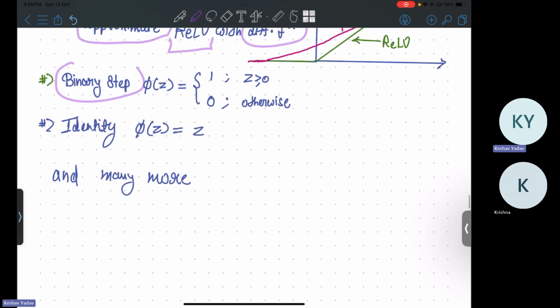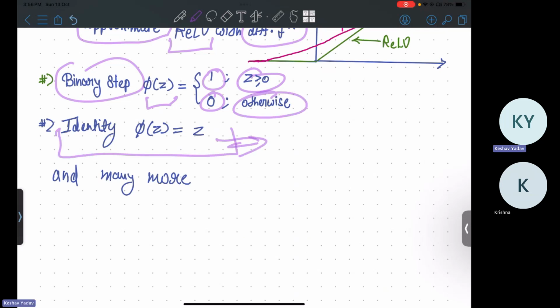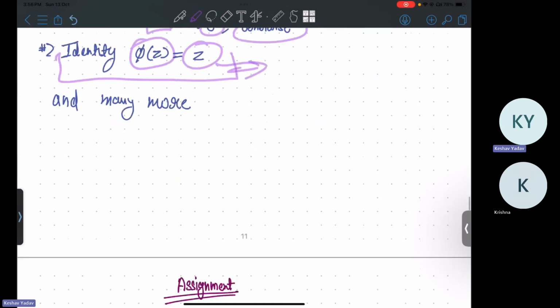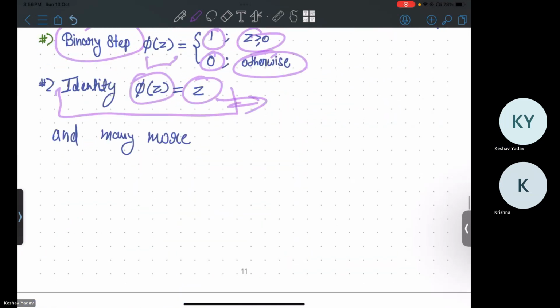We have also seen the binary step, where phi z is equal to 1 when z is greater than or equal to 0, and equal to 0 when it is less than 0. Identity, like we have seen in linear regression, phi z is equal to z only. And there are many more types of activation functions available.